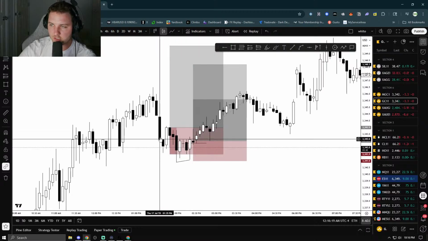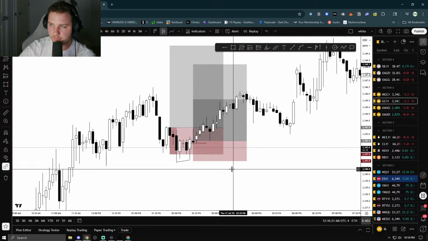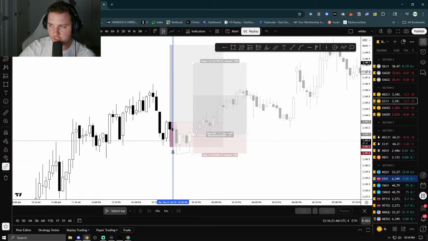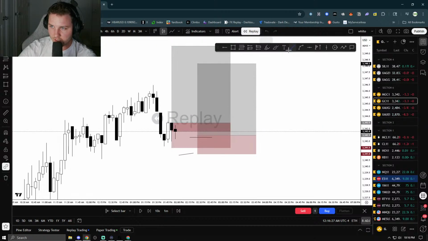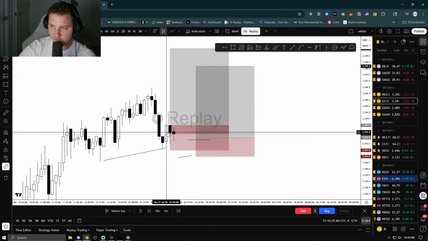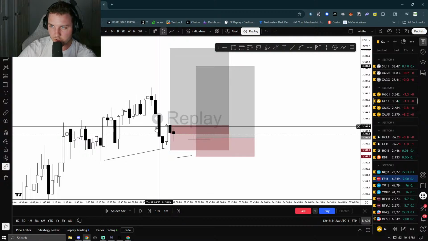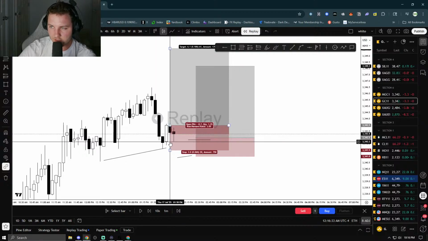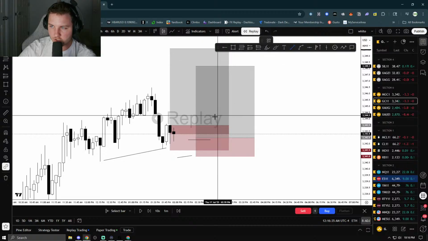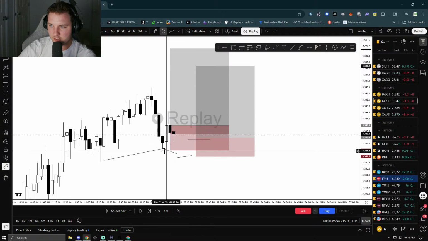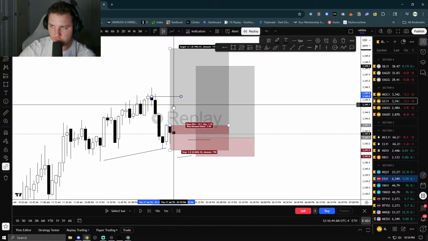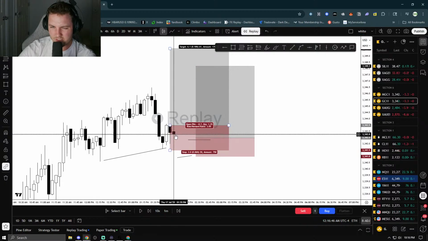Yeah, I think I know what you're saying now, because I used to do this too. Let's just say, okay, SMT, whatever. But regardless, this example is very invalid. But let's just assume there's an SMT here, right? It's just not even valid just because the CISD is way up here, right? But let's just assume the CISD is here, right?